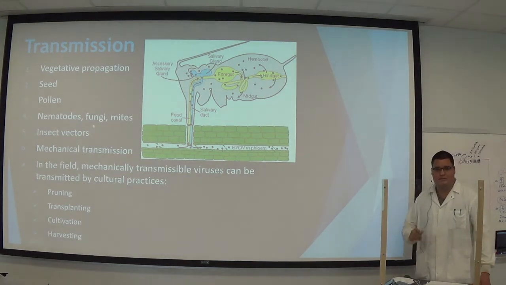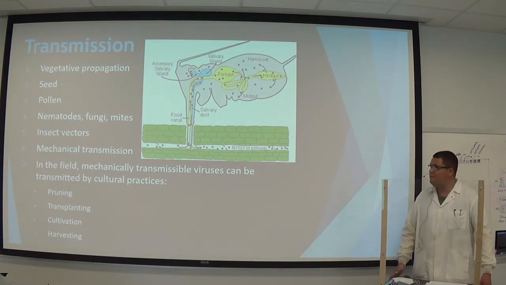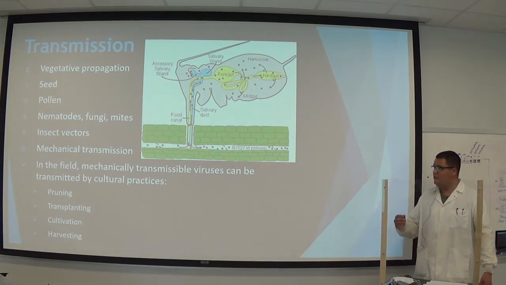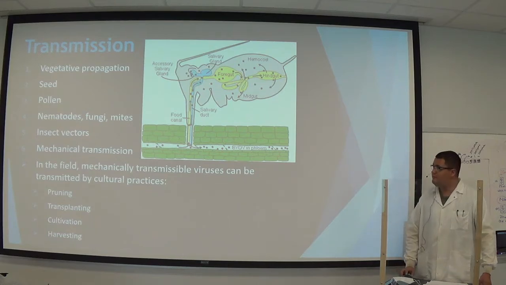Sometimes with their stylet, they can pick up viruses from an infected plant, and then when they go to feed on an uninfected plant, they'll spread the virus that way. Fungi as well, since they interact with plants when they break through the cell wall with their haustoria. Sometimes the virus can pass through from the fungus into the plant.